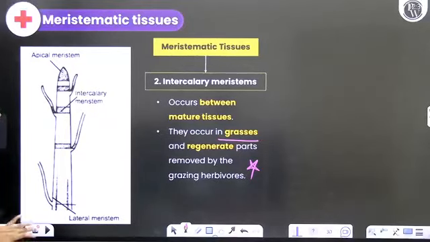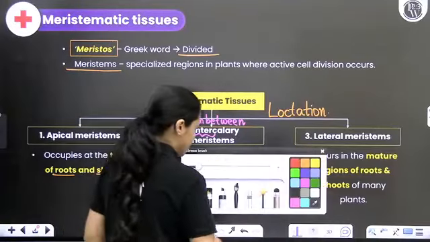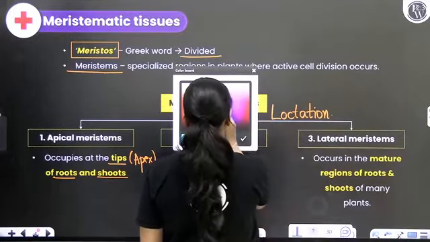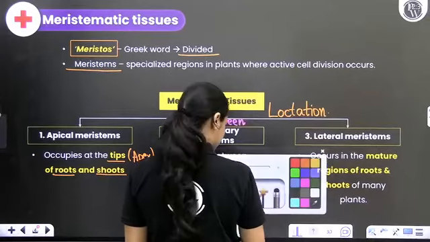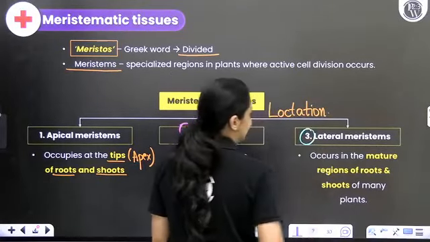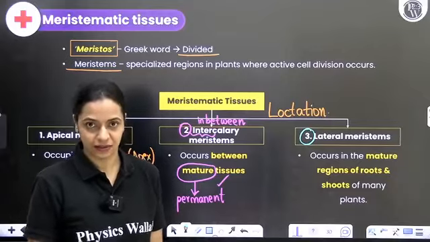Next we have the last type of meristematic tissue, which is our lateral meristem. Lateral means what? Lateral means from the side, right?